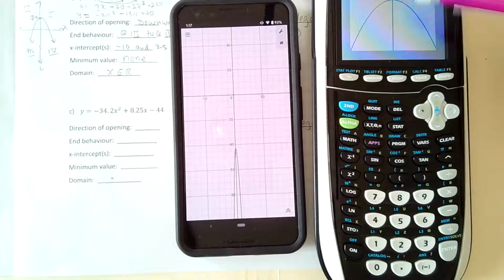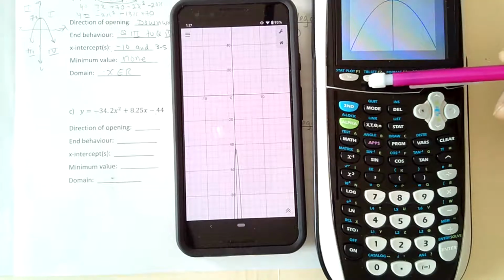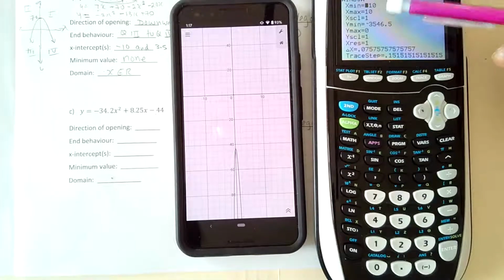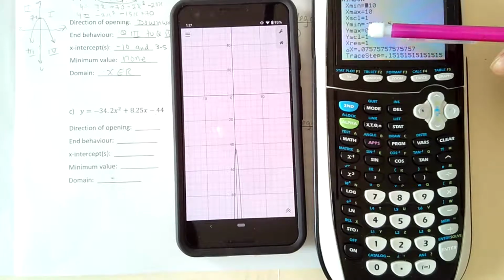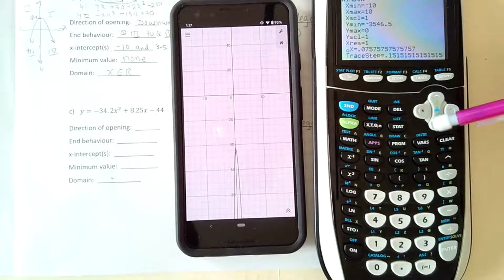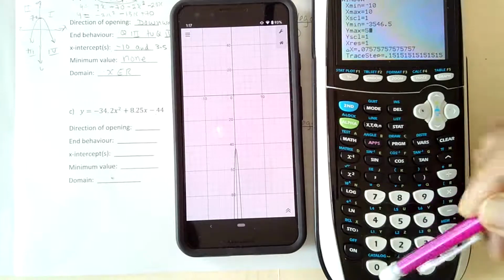And you'll discover your graph. Now, if you go to your window, you'll see a different range. Your y minimum here is negative 3,000. I want to keep it here, but I want to make my y maximum a little bit higher, maybe 50.